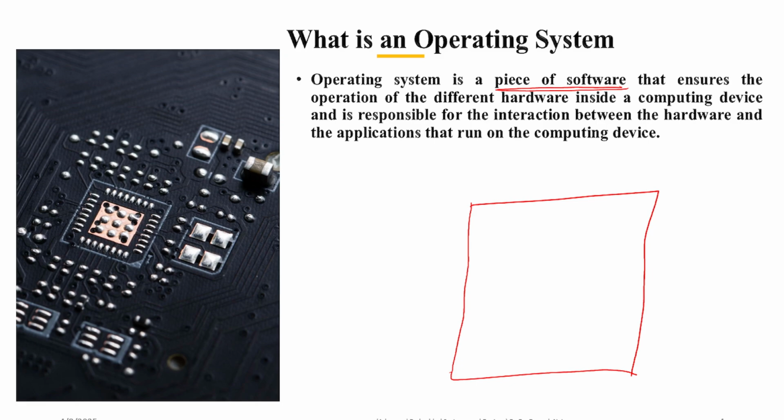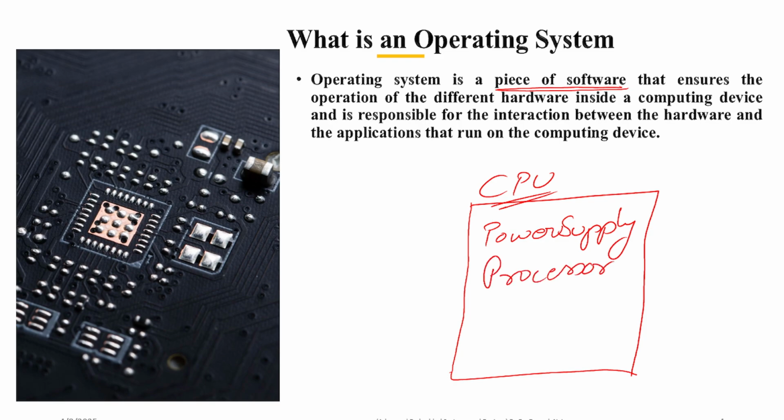So suppose we have a computer. In the computer we have a CPU. In the CPU we have power supply. Apart from that, we have the processor, the main processor. Then we have RAM.